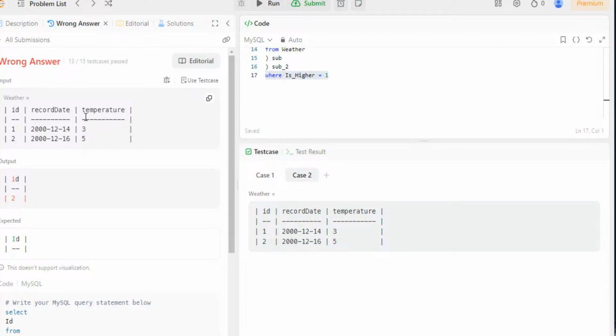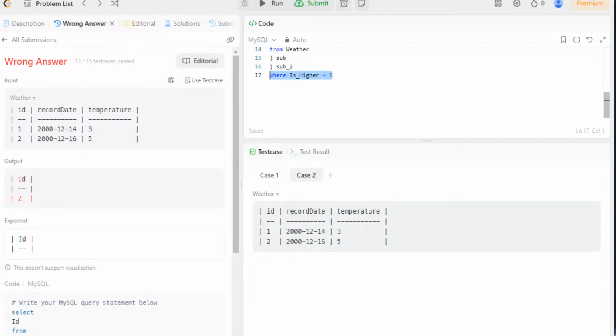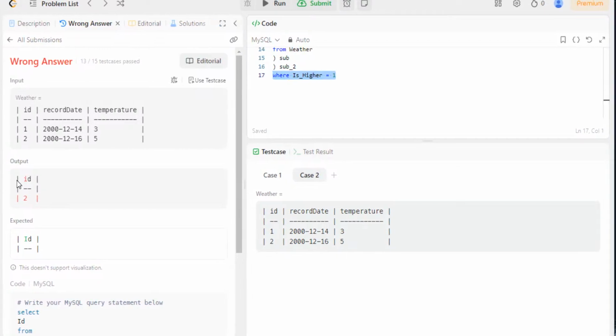Am I cutting off anything over here? Hang on. Just a little bit. Sorry about that. All right, so I'm handling, we got output here. Now wait a minute. Here's the input. Why didn't this work?